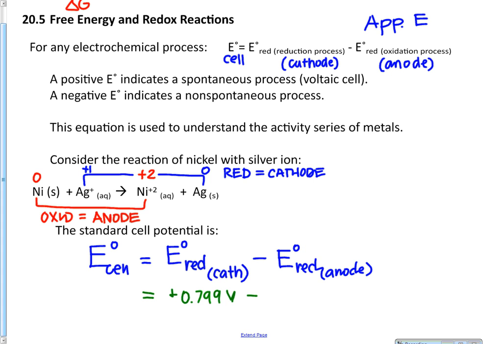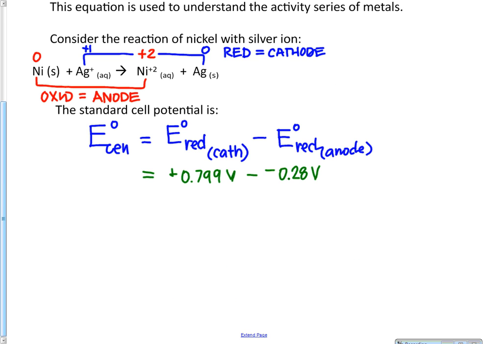For the anode, the nickel process has a voltage of negative 0.28 volts. So when we do this math, we should get a voltage of, it's confusing, 1.079, and I'm apologizing for the smartboard. You guys know that this isn't behaving the way it should.